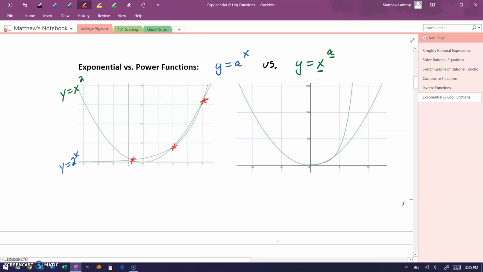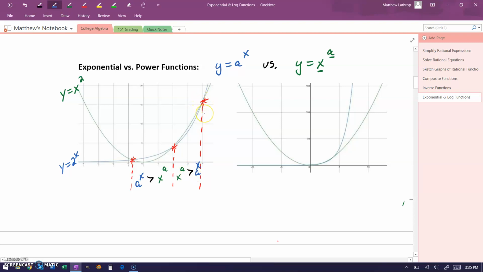And what will happen during those different windows is it will change back and forth which function is taking on the larger function values. Between that first and second point of intersection, our exponential function is taking on larger function values than our power function. In that second range, that gets flipped around, and our power function is actually taking on larger values than our exponential function.